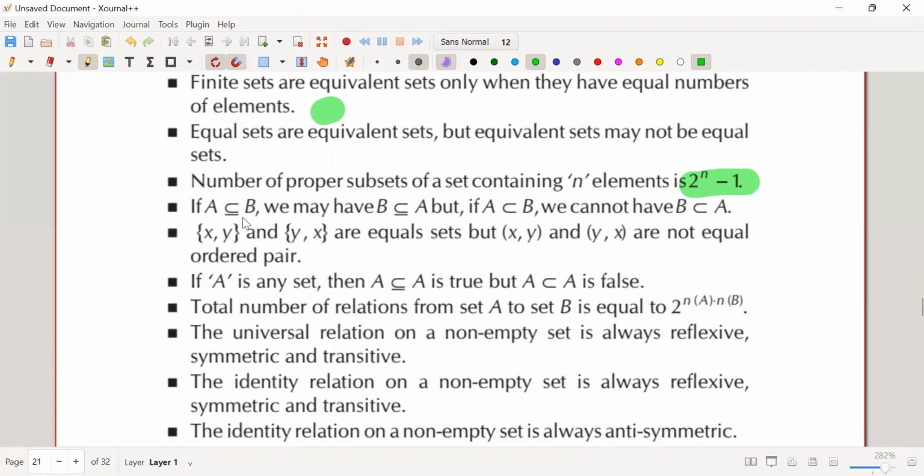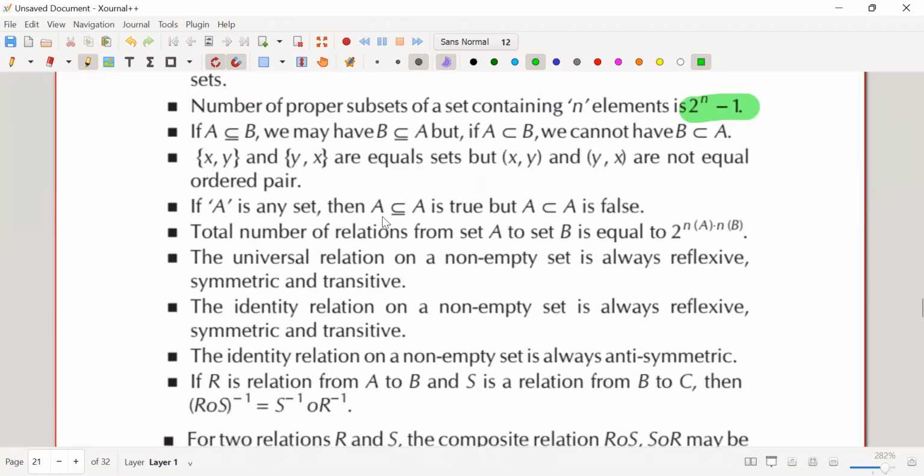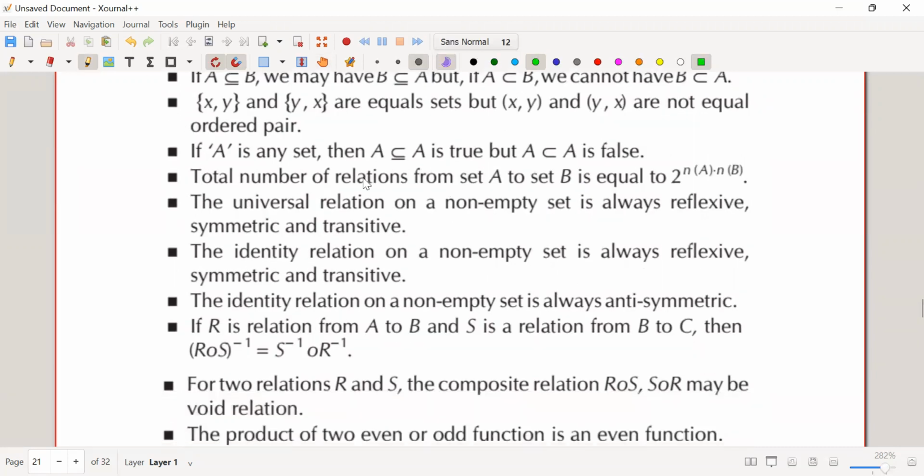If A subset equal to B, then we may have B subset of A. If A is any set, then A subset of A is true, but A is not a proper subset of A. Total number of relations from set A to set B is 2 power n of A into n of B.